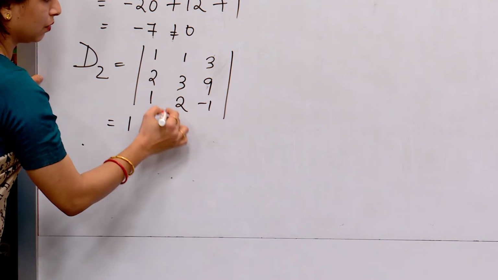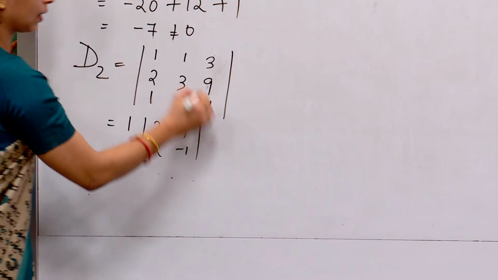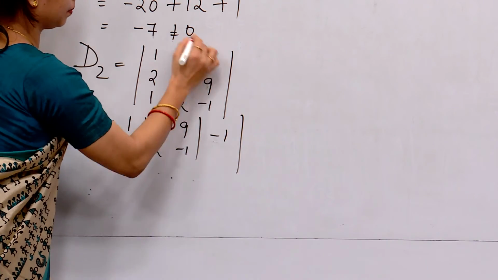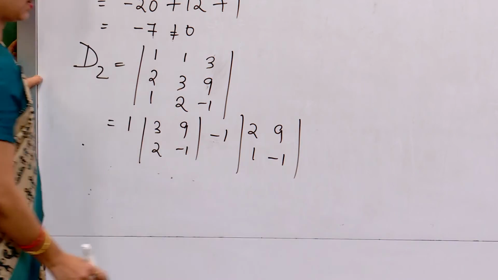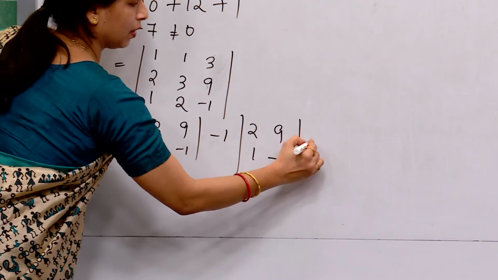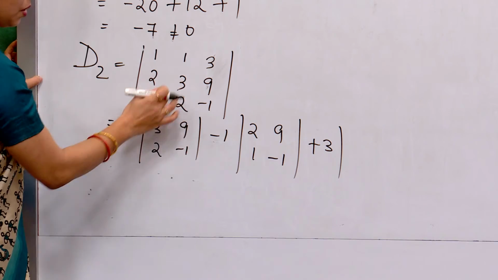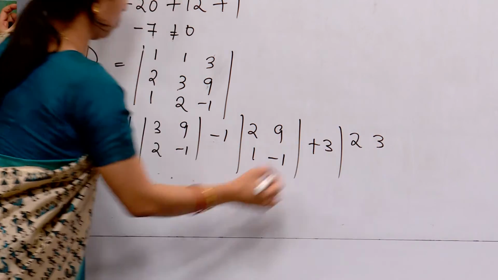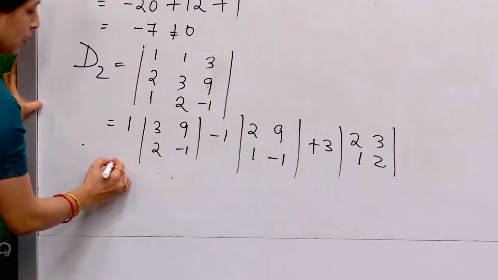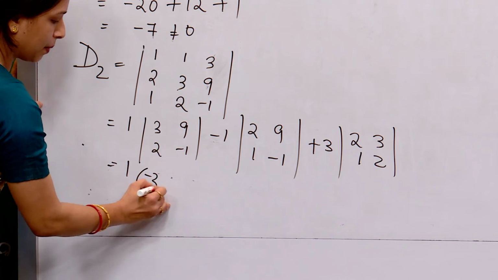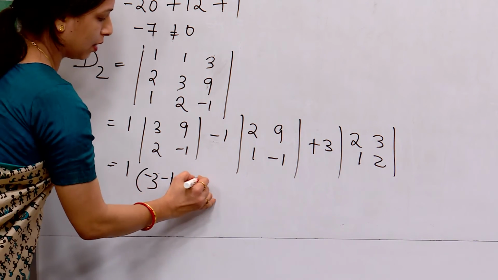So, again first row means 3, 2, 9 minus 1, again 2, 9 and 1 and minus 1, here 3. So, plus 3, deleting the row and the column in which it exists, the remaining second order determinant 2, 3 and 1 and 2, right. So, here again we will get minus 3 minus 18, here again minus 1.